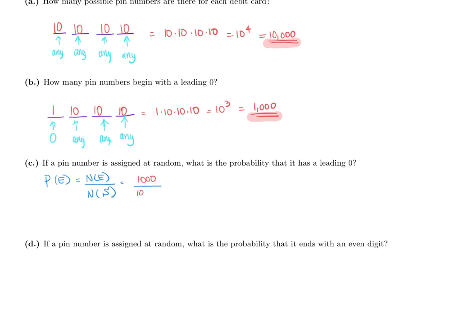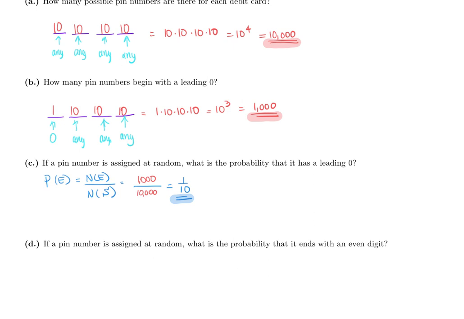So we have 1,000 over 10,000, which is the same as 1 in 10. Right? That is our answer. We have a 1 in 10 chance, if we randomly chose a pin number, of it having a leading 0.